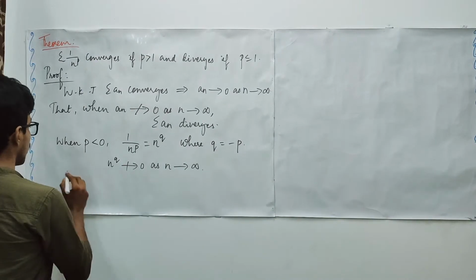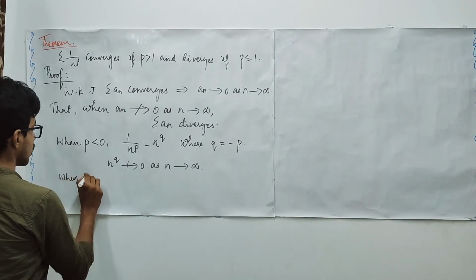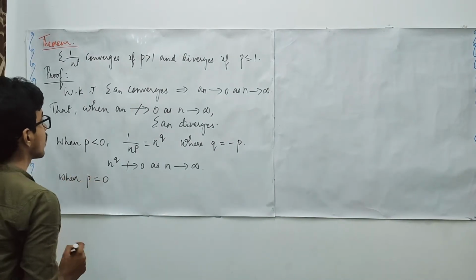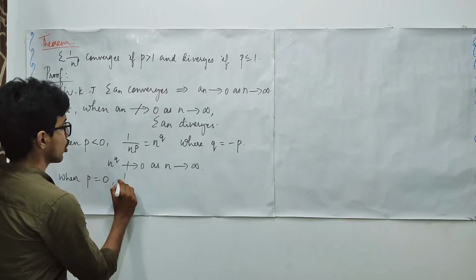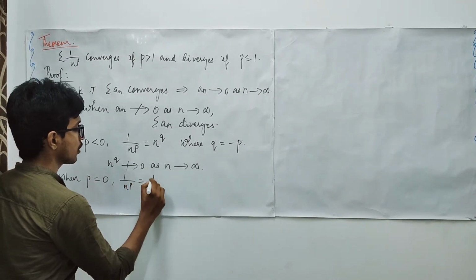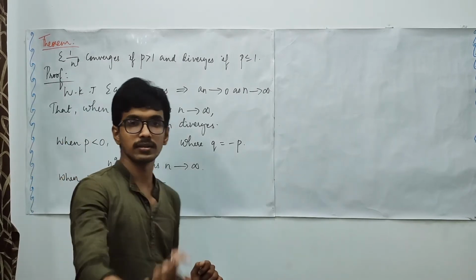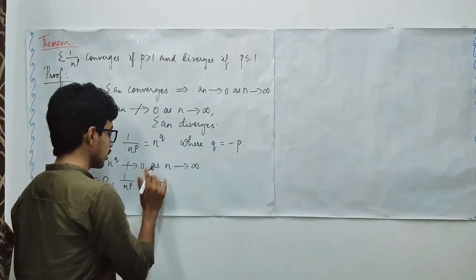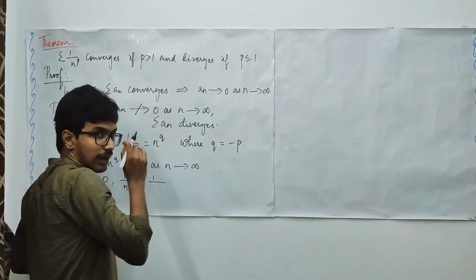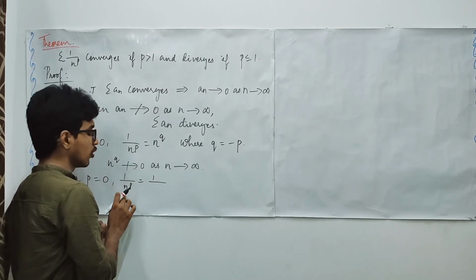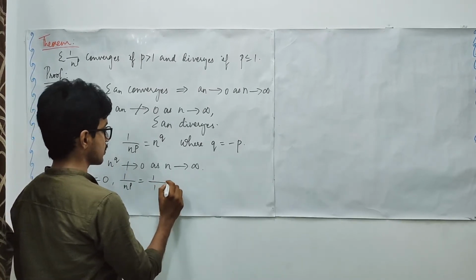Now let us see the case when p is 0. When your p is 0, your 1 upon n power p becomes what? n can take any value in the set of natural numbers, and any non-zero value to the power 0 becomes 1.